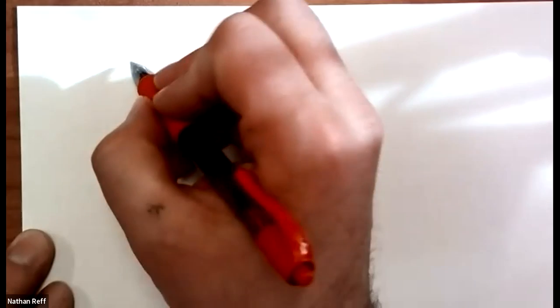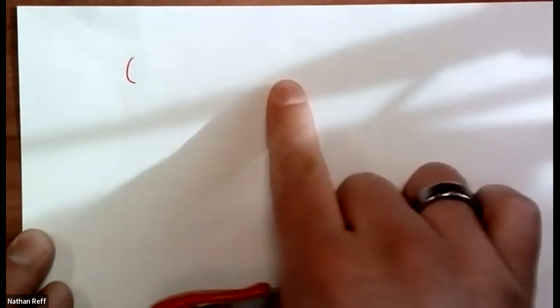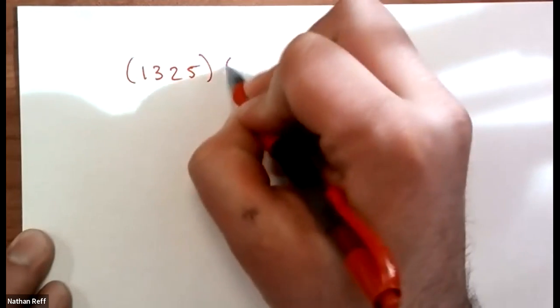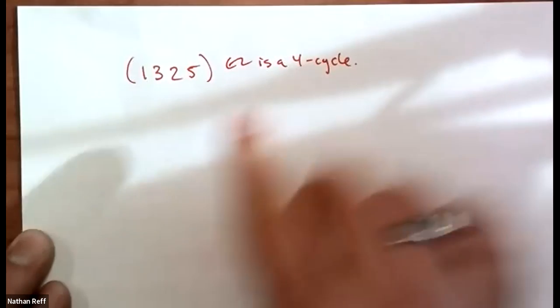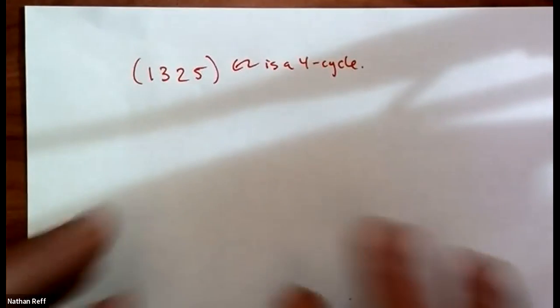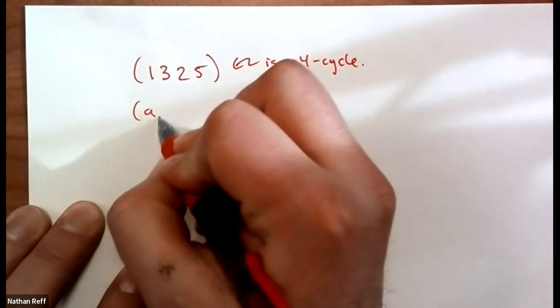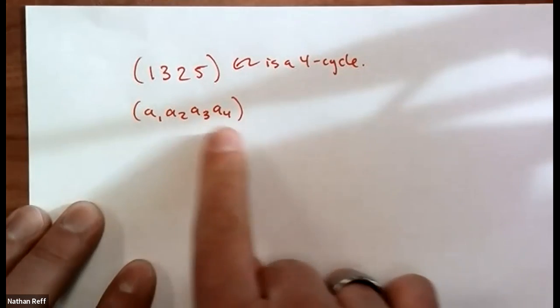For example, I could write a cycle like this, let's say (1 3 2 5). This is a 4 cycle. But if you're just talking about what the structure of a 4 cycle is, it pretty much has this structure, (a1 a2 a3 a4), where these are some numbers.